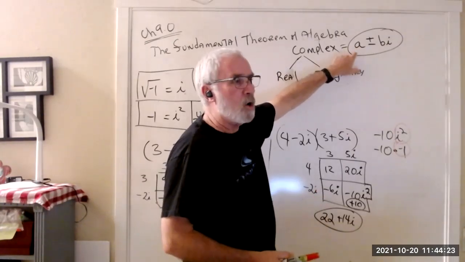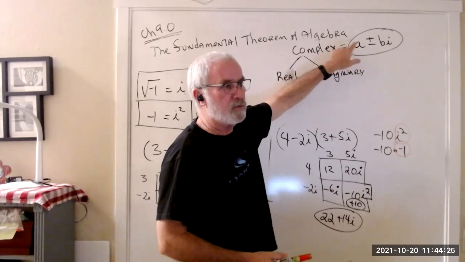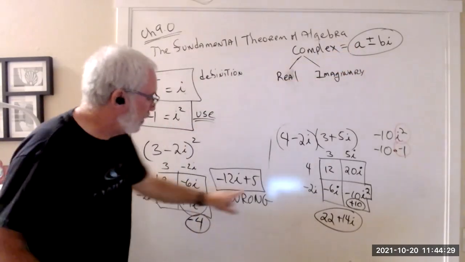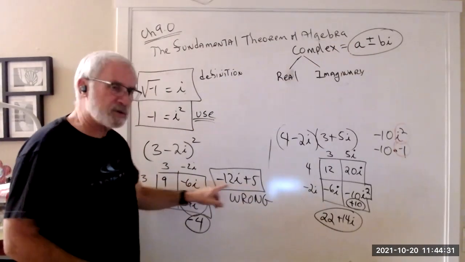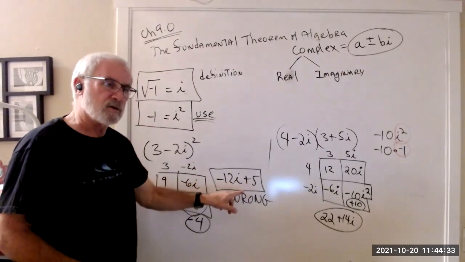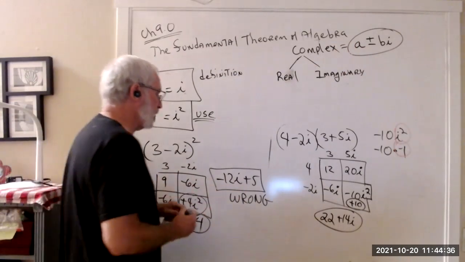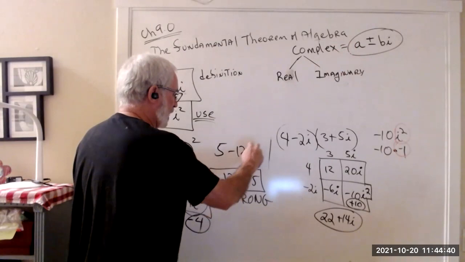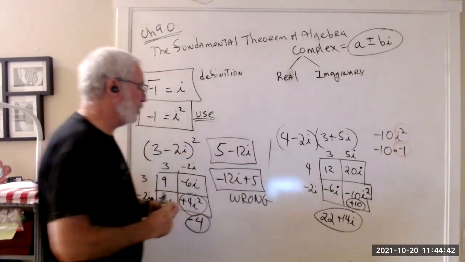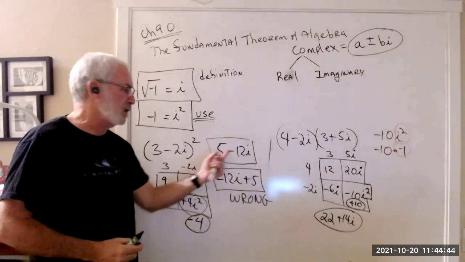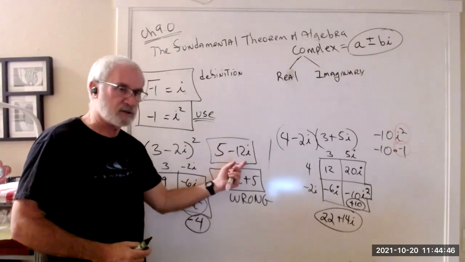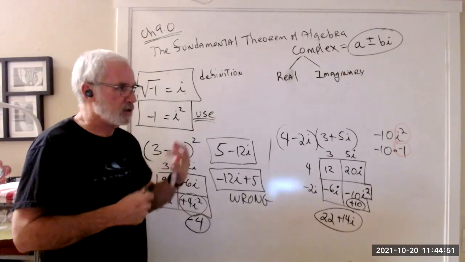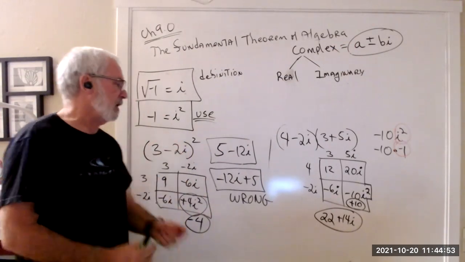So even though this is 100% correct, you must write it as 5 minus 12i, because you must put the real number first and the imaginary number second.